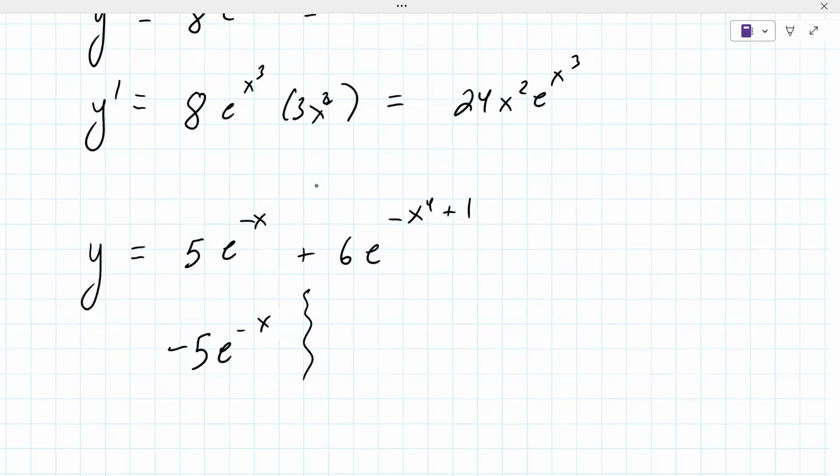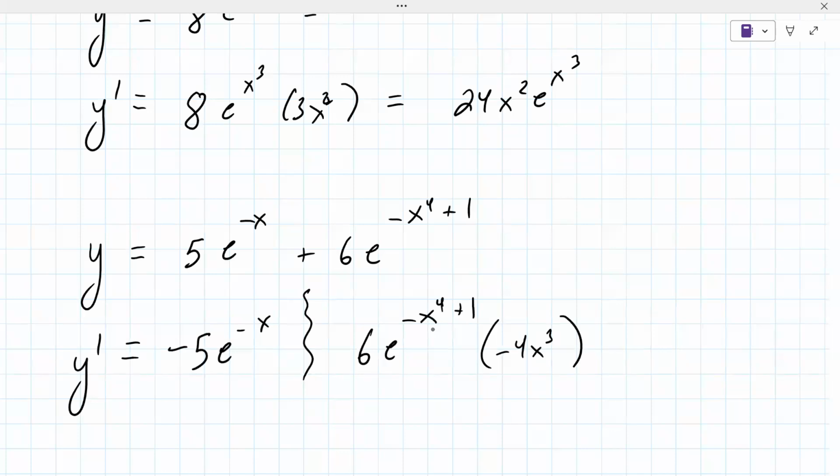And then we're going to do plus 6e to the power of negative x to the fourth plus 1, times the derivative of the inside, negative 4x cubed. All right.